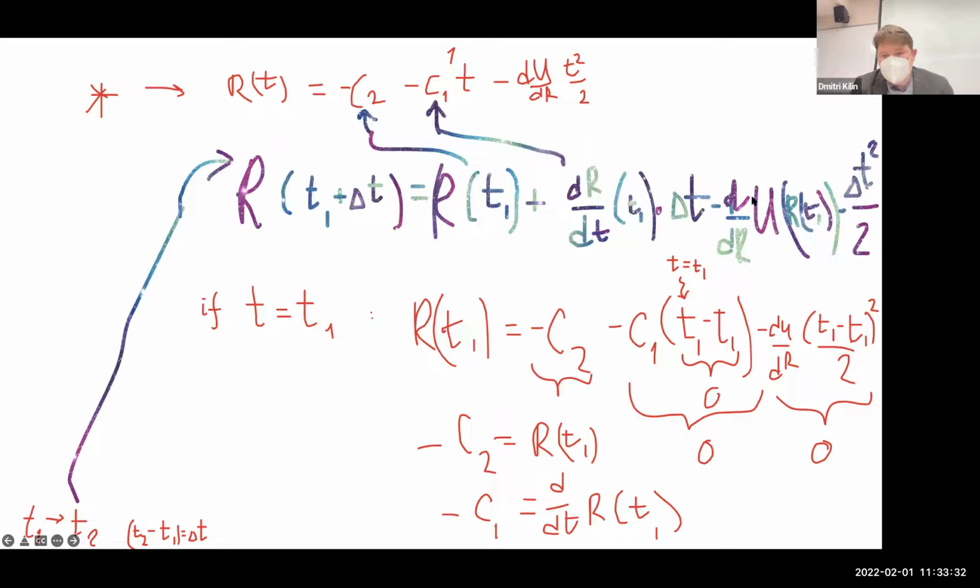Then this gradient, the derivative of potential over position computed at the old point r of t1, multiplied by the time increment squared over 2. So the same thing as before, we just give names to these constants. And one can prove this statement just by making things equal to each other at a given time.